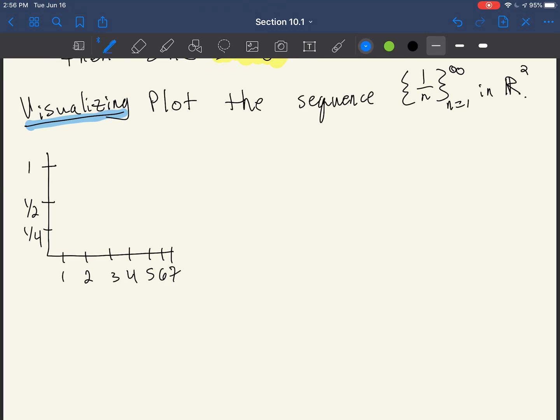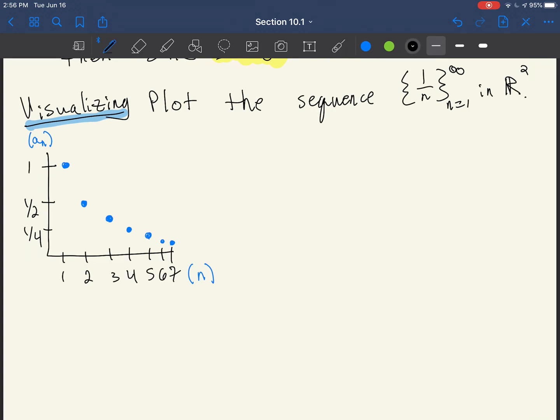When n equals 1, which is going to be our x-axis, an is also 1. So our y-axis is an. When n equals 2, we then have 1/2. When n equals 3, we have 1/3. When n is 4, we have 1/4, then 1/5, then 1/6, then 1/7.